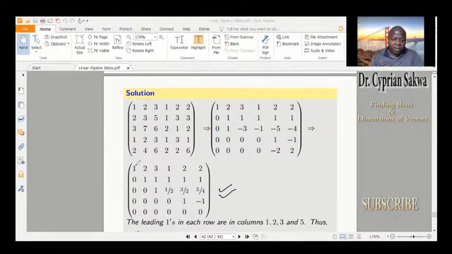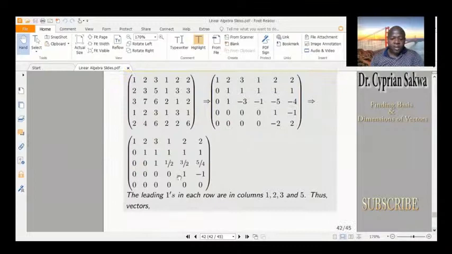So I have this leading one in first column, this leading one in second column, this leading one in third column. This fourth column has no leading one. But I have this fifth column that has a leading one. So the original vectors in those columns form the basis for this vector space.